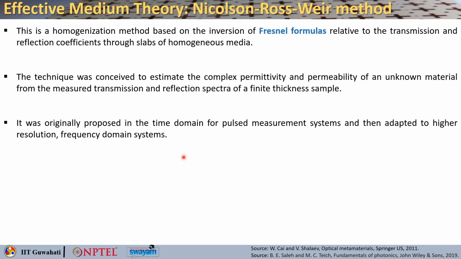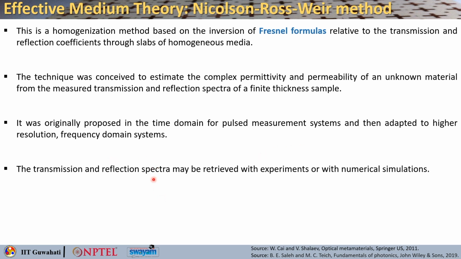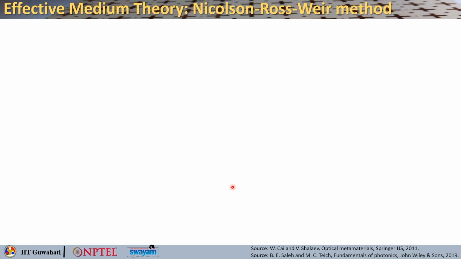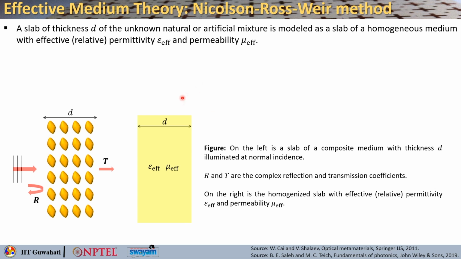Okay. So, it was originally proposed in the time domain for pulsed measurement systems, and then later it was adapted to higher resolution and then to frequency domain systems. The transmission and the reflection spectra may be retrieved with experiments or from numerical simulations. So, here is how it looks. Let us assume a slab of thickness d, which is made of some unknown natural or artificial mixtures. This can be modeled as a slab of homogeneous medium, which has effective permittivity and permeability, epsilon effective and mu effective.